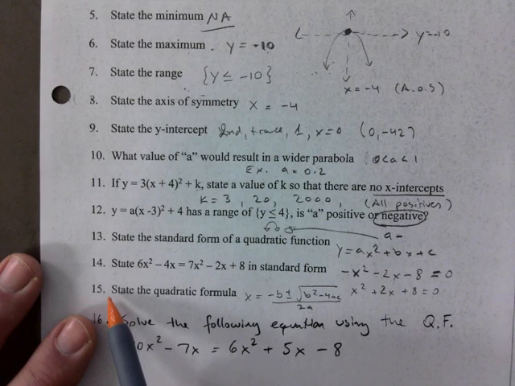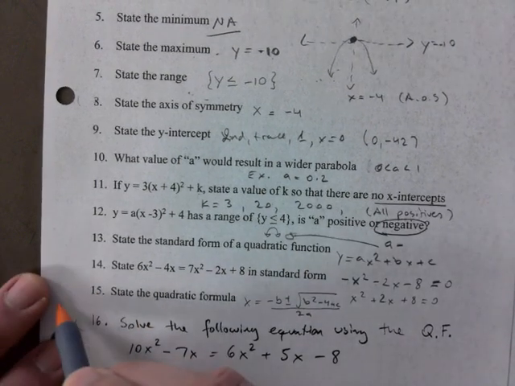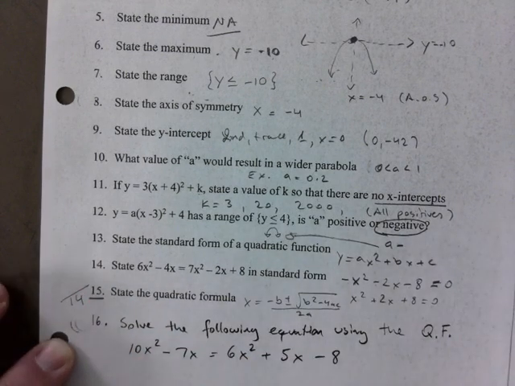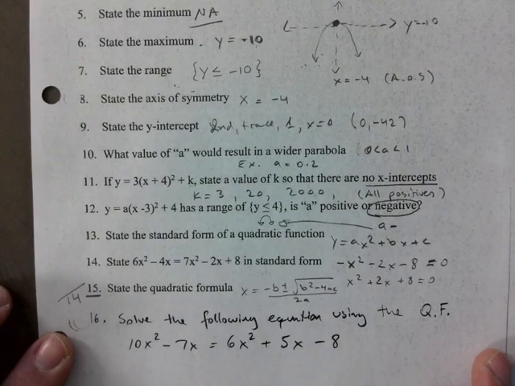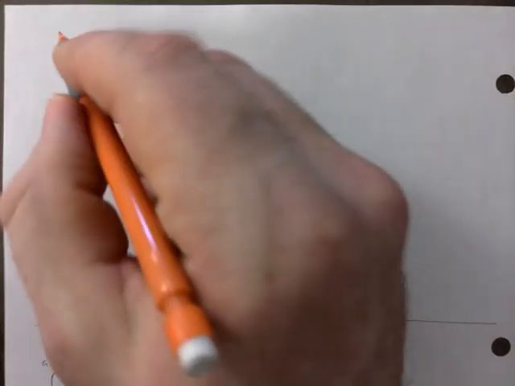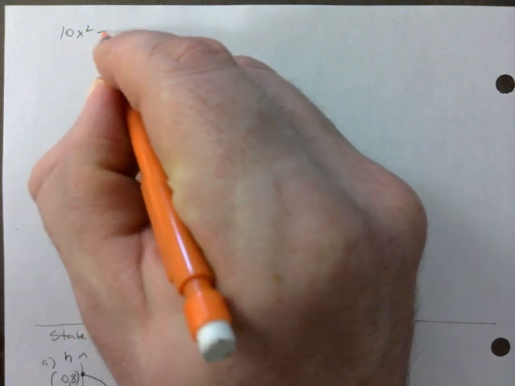It's supposed to be NA or left blank. This is out of 14 so far. So we're going to say up until 15, we have already 14 marks at play. Okay. Now let's do the quadratic formula. So I'm going to rewrite it real quick.